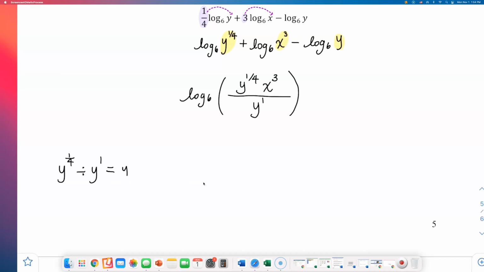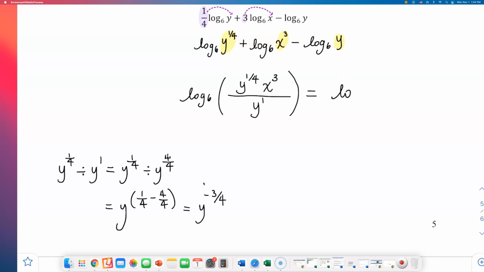So y to the 1/4 power divided by y to the 4/4 power, 1/4 minus 4/4 will give us -3/4.